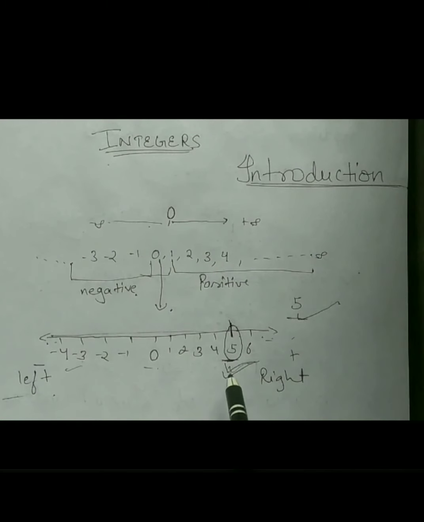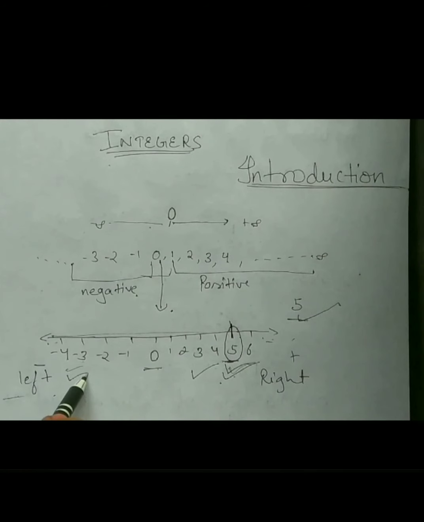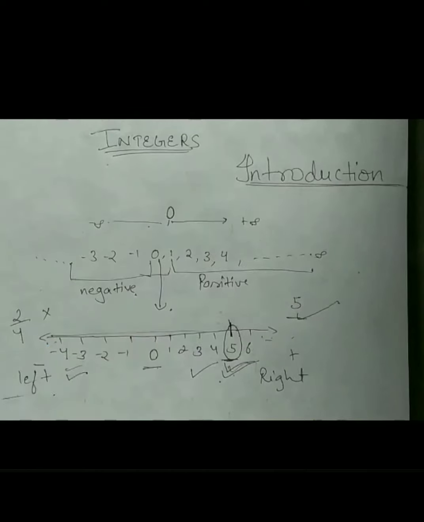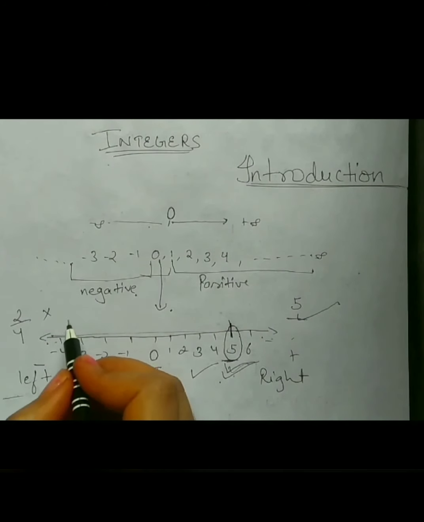So what are included in integers? In integers, 0 is included, positive numbers till positive infinity are included, negative numbers till negative infinity are included, but what are not included in integers? 2/4 fractions are not included in integers.